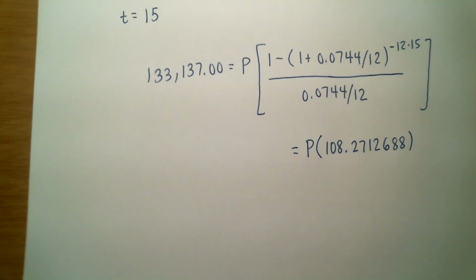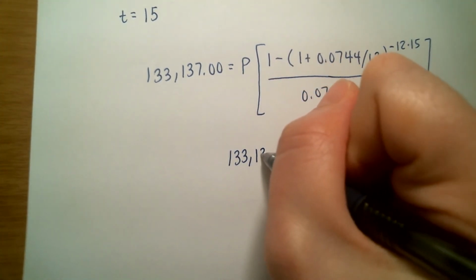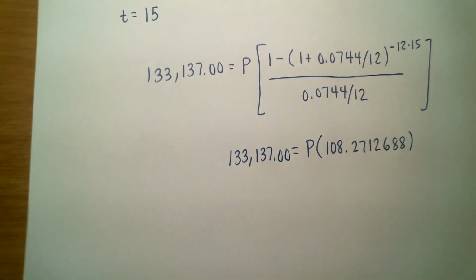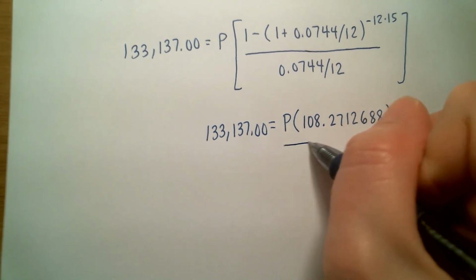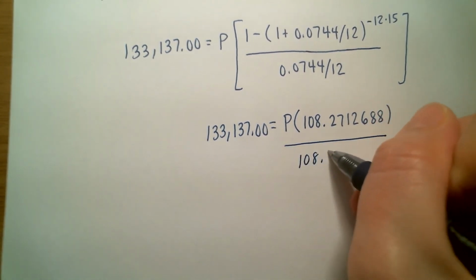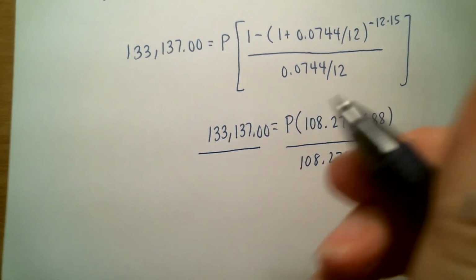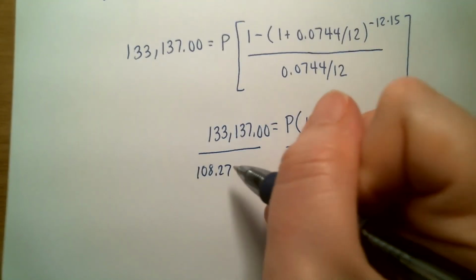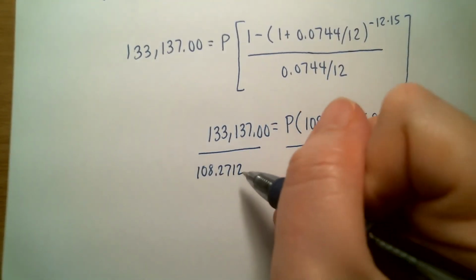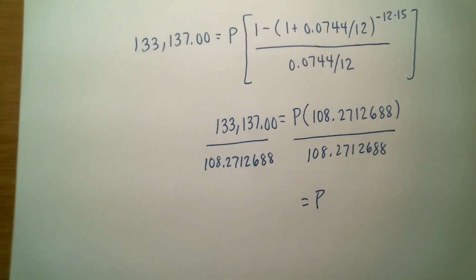That has to equal the $133,137. Then if you want P, the amount of the monthly withdrawal, divide both sides by this number. Let's figure out what that is.